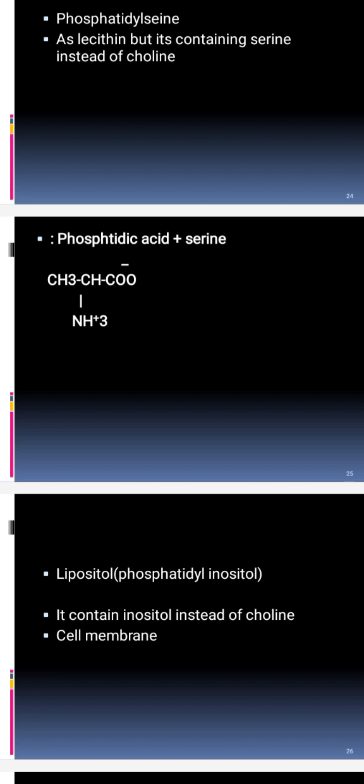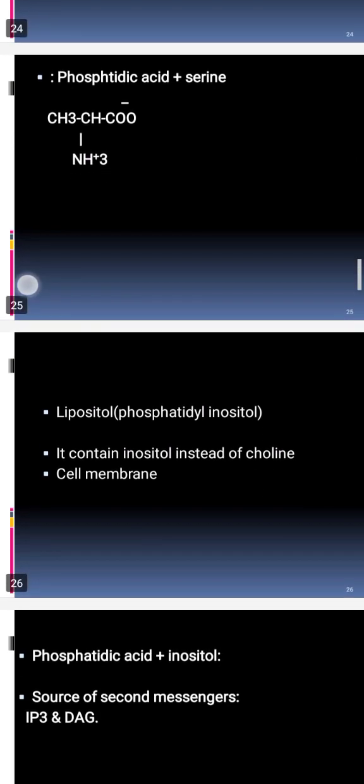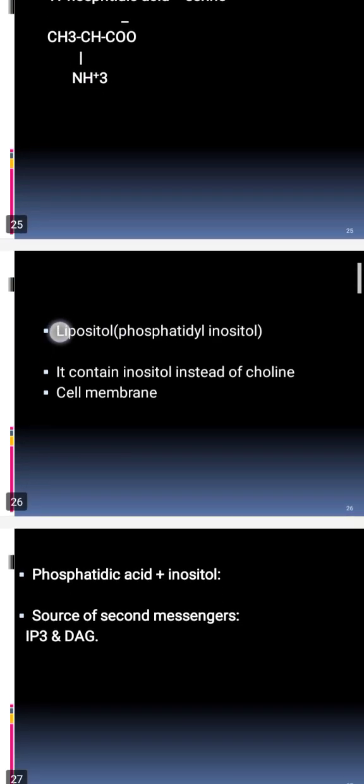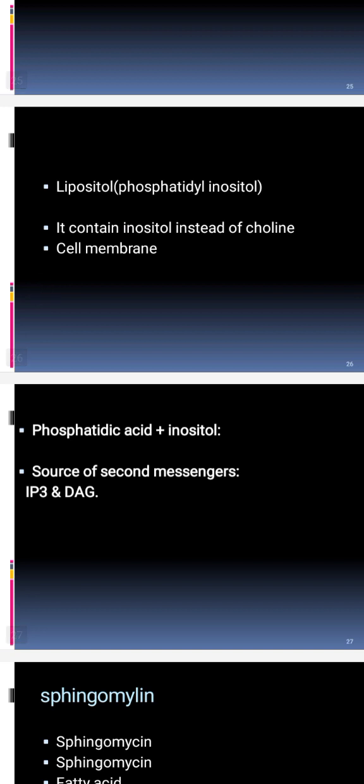Another type is lipositol or phosphatidyl inositol. This one contains inositol instead of choline, and we can find it in the cell membrane. So phosphatidyl inositol, from its name, contains phosphatidic acid plus inositol.